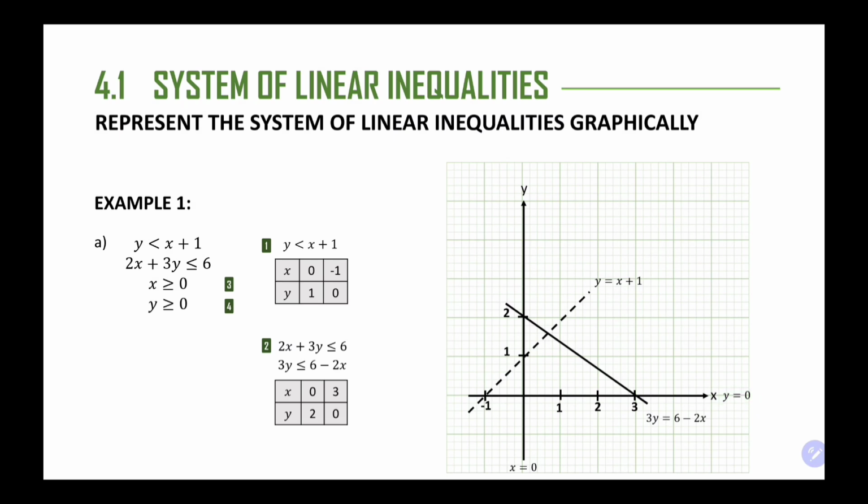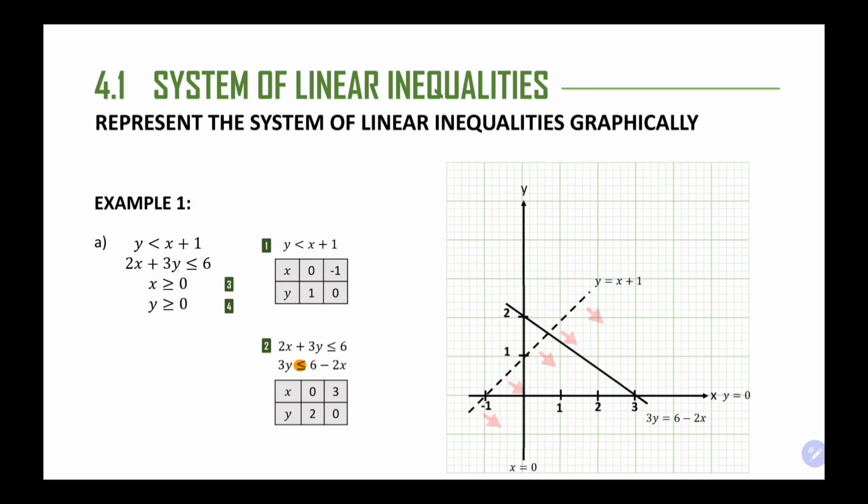Okay, next we determine the feasible region by look at the inequality signs. So first line y equals to x plus 1. Okay, we have y less than. So below the line y equals to x plus 1. Next function, we have y less than or equal to.